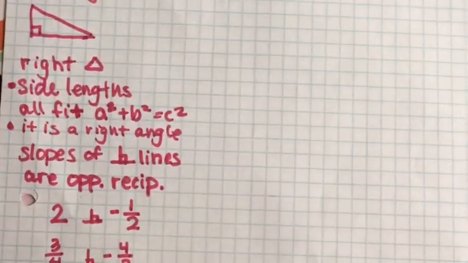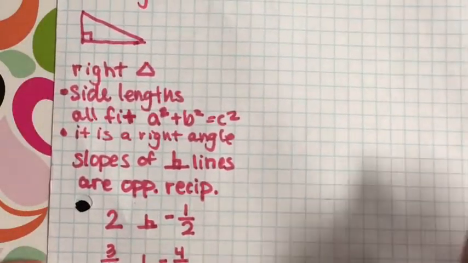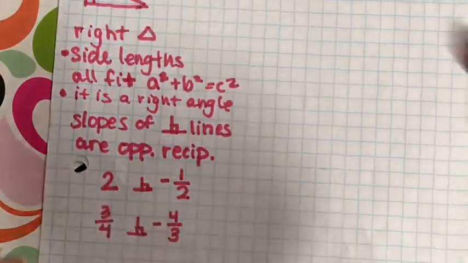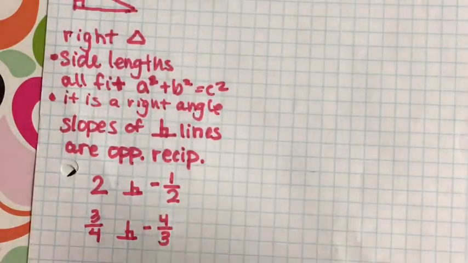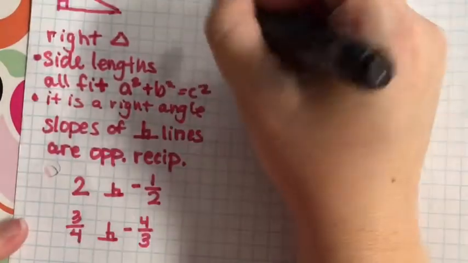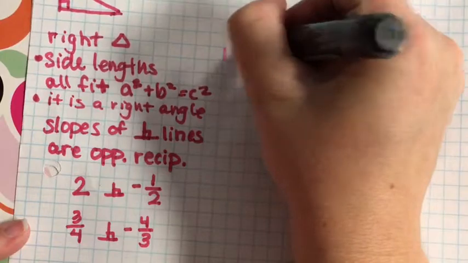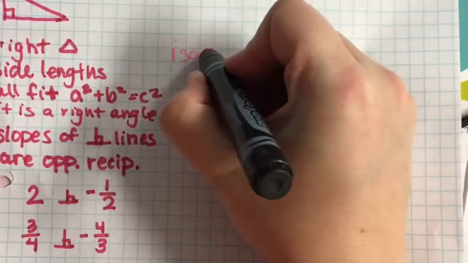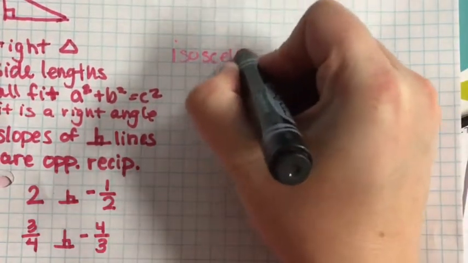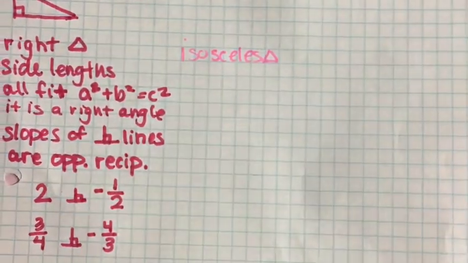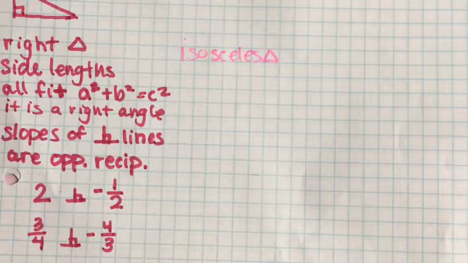Another kind of triangle that you might have is an isosceles triangle. What makes an isosceles triangle an isosceles triangle?